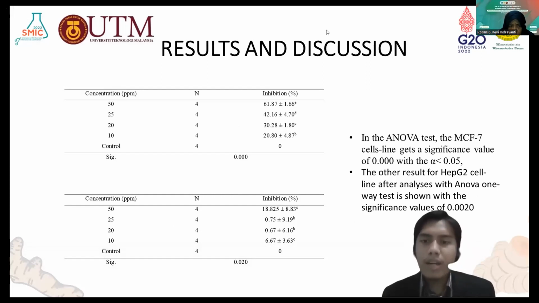So based on the table, we can interpret that the white turmeric has an effect of concentration against cell inhibition.